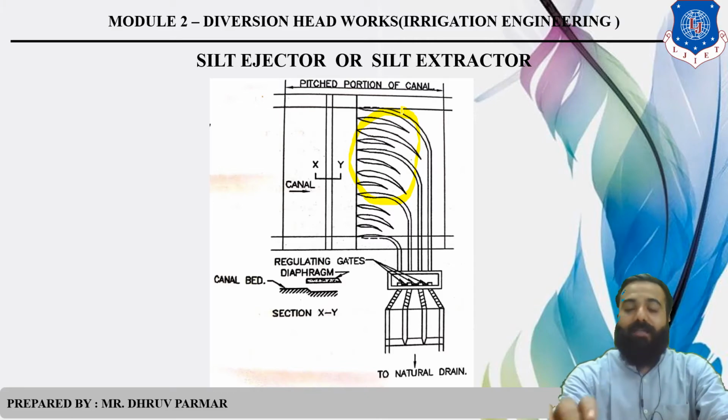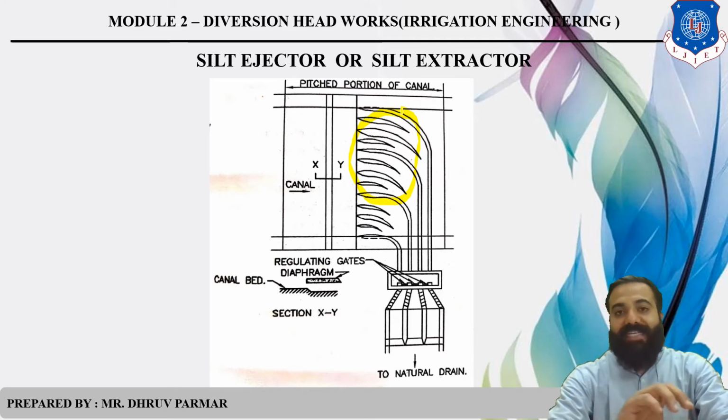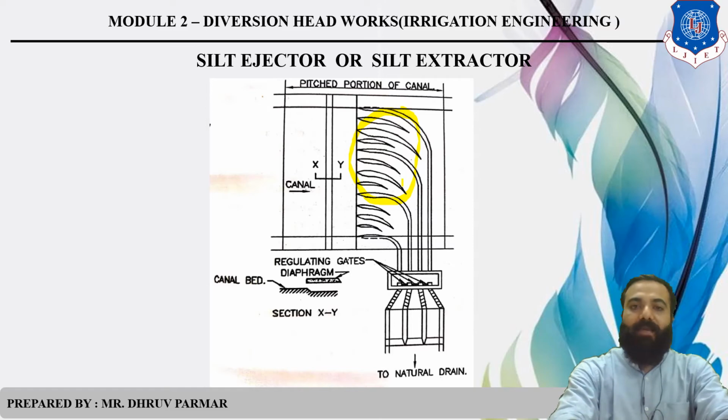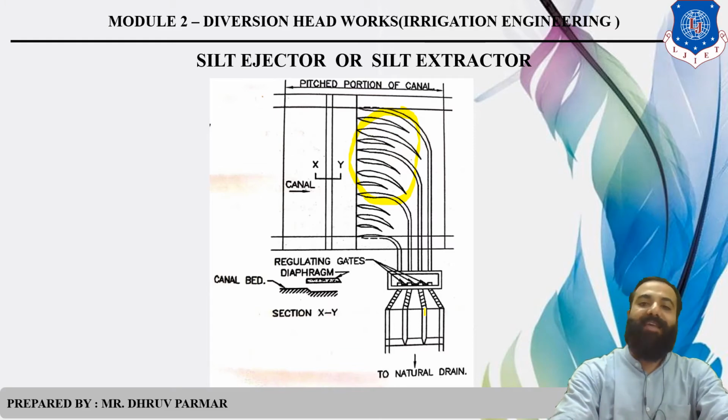When flow is entering the canal, the silt is obviously at the downward side, so silt easily enters this type of canal and can be easily removed by this tunnel. This is a section diagram. This is the process in silt ejector, or silt extractor. Please remember the diagram. The diagram is very important.